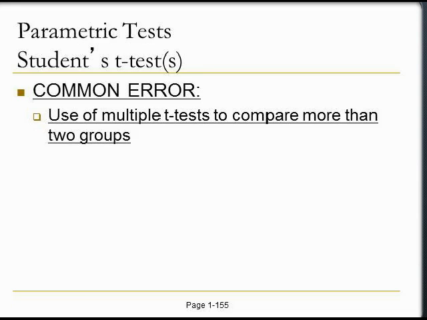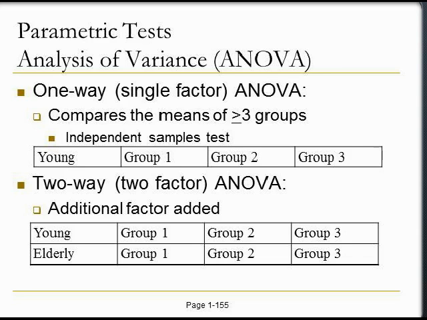The incorrect way to do that is to compare the United States with Canada, the United States with Mexico, and Mexico with Canada. Okay, that would be employing 3 tests when all we really need to do is 1, which introduces the next topic, which is analysis of variance.